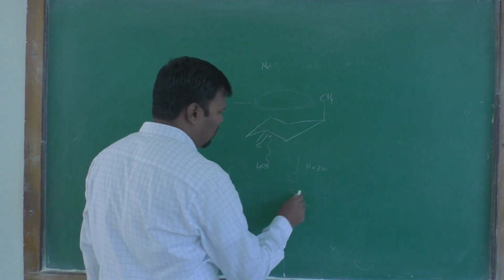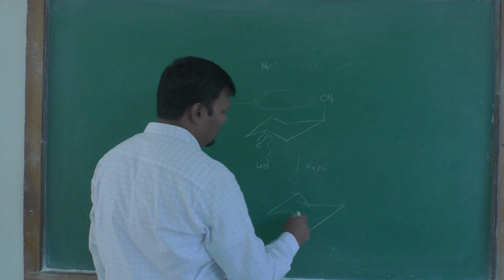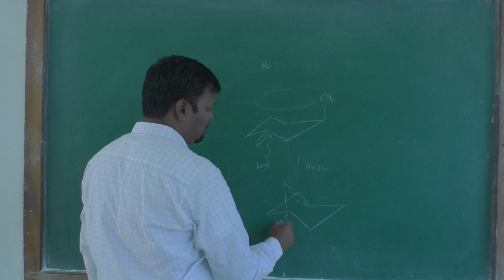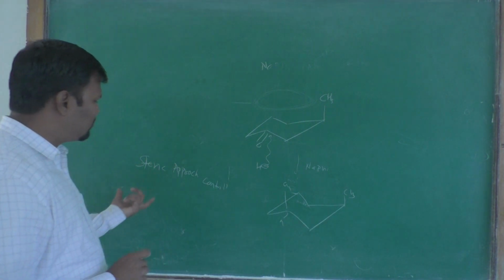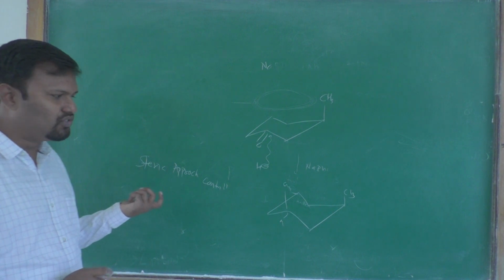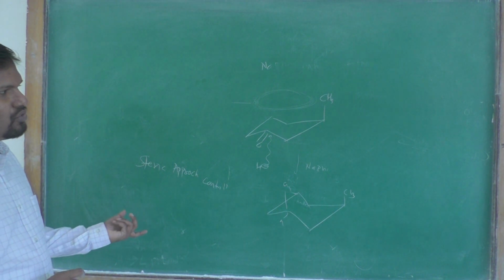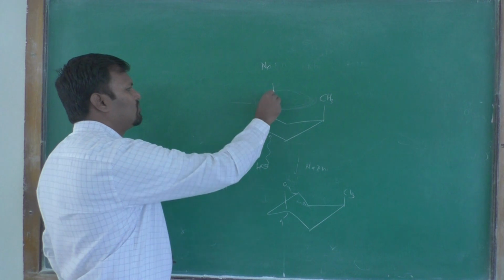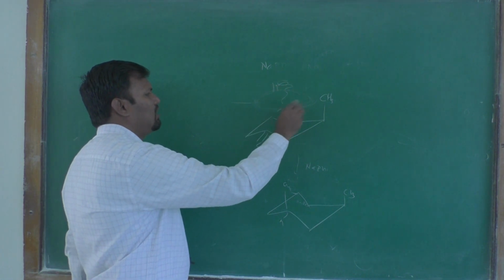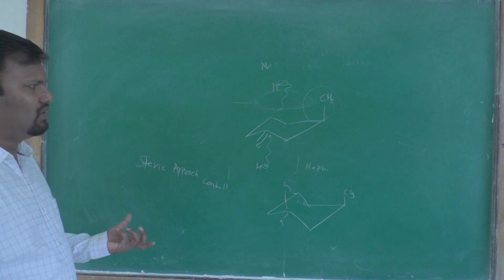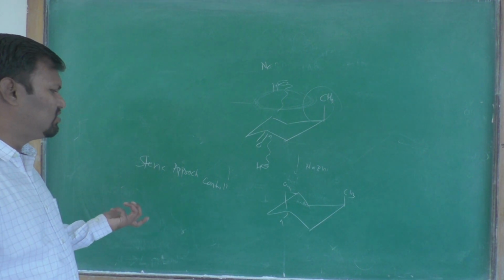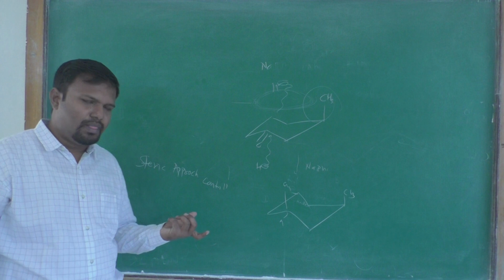In this case you obtain the axial OH. Therefore that reaction is called steric approach control. The hydride will not come from this side because there is a bulky axial CH3 group there. That's why it is a steric approach control reaction.